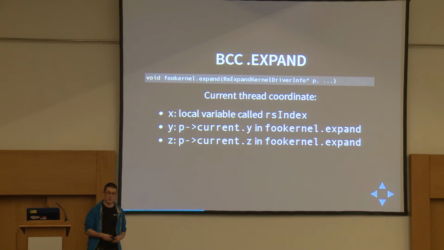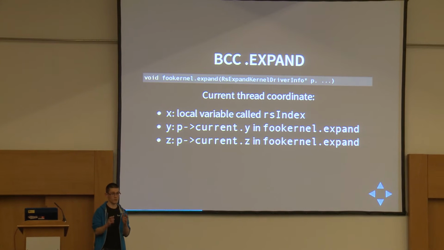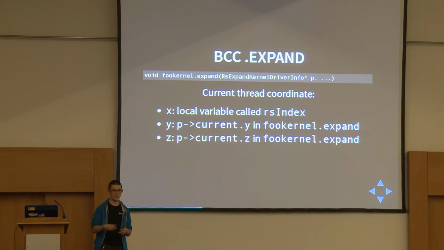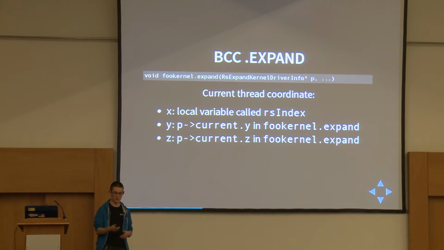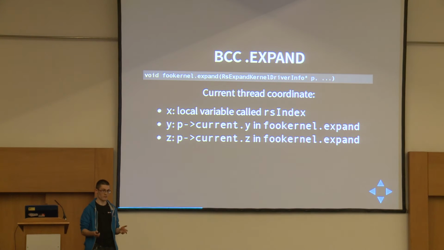A bit more detail on what BCC does behind the scenes. One of these things is when you've got a kernel, say it's called myKernel, BCC will create a function called myKernel.expand that controls how this kernel is invoked in parallel at runtime, so all the scheduling information you might be interested in. For our debugger, though, the real piece of information that's vitally important is the current thread ID.